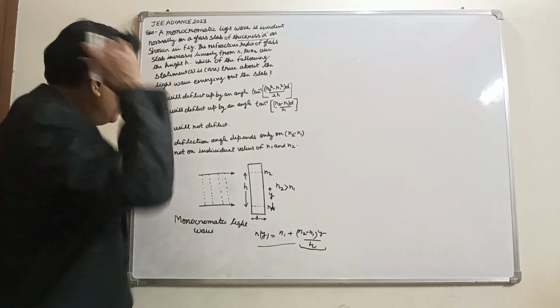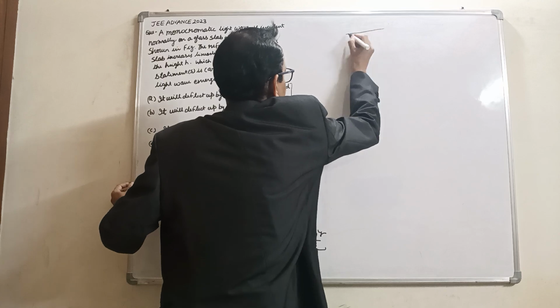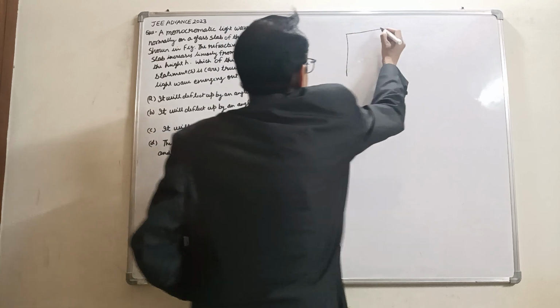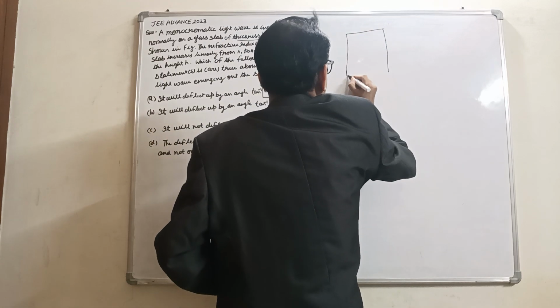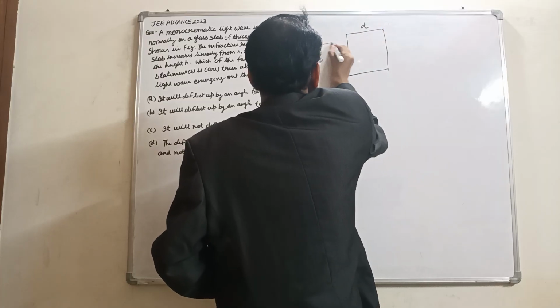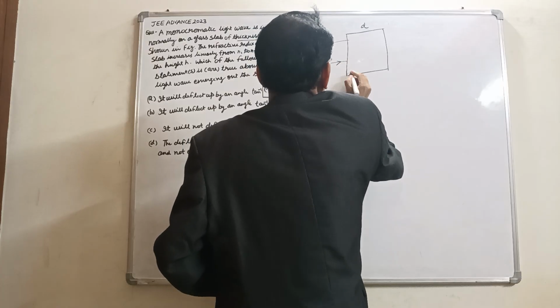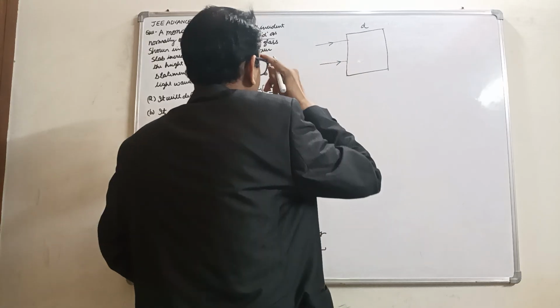In this scenario, suppose this is the thickness D, and this monochromatic light is incident in such a way.